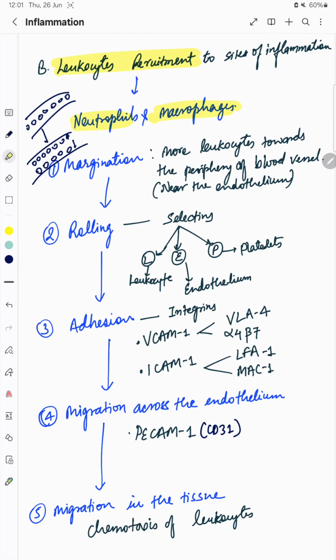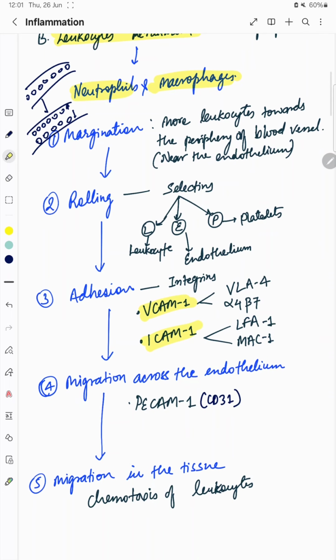After this rolling, there is adhesion of leukocytes to the endothelium with the help of integrins. There are mainly two types of integrins, ICAM and VCAM. After the adhesion, these leukocytes transmigrate across the endothelium.